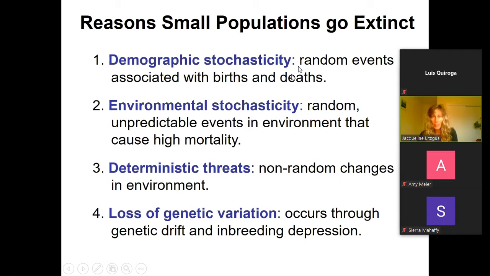Okay, so first, demographic stochasticity. This has to do with random events associated with births and deaths. These random events can lead to a point in which no new individuals are born. And so we predict this to apply only in really small populations.